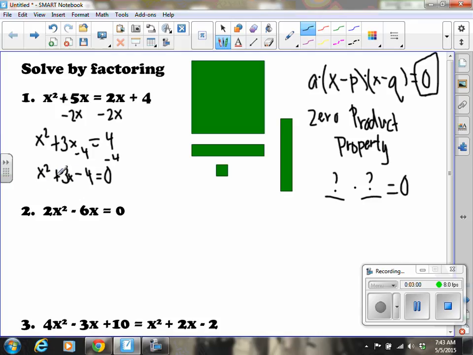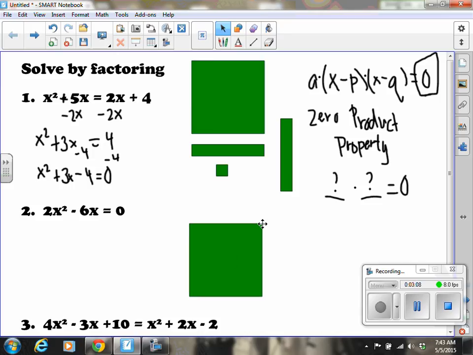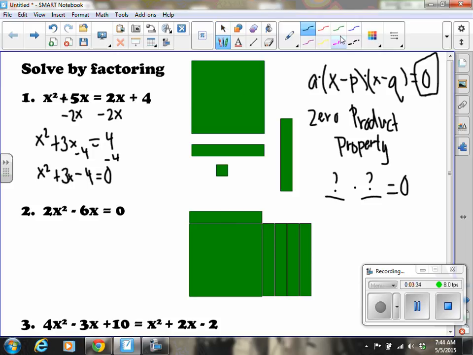So you want to look at this quantity over here, x squared plus 3x minus 4, and we want to factor that. So using my algebra tiles, I want to think about the factors of negative 4 that would have to give me 3. That would be positive 4 and negative 1, excuse me. So that one's got to be shaded.